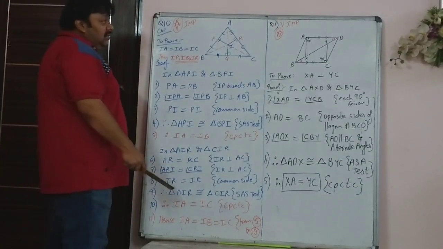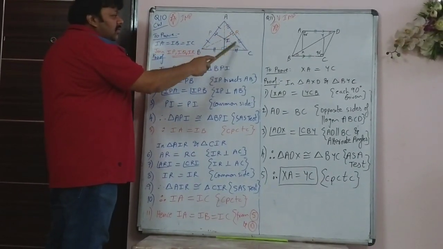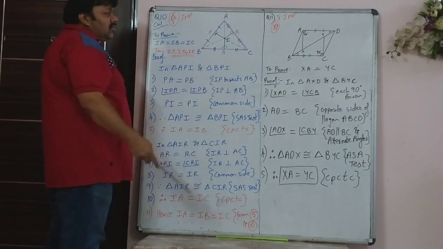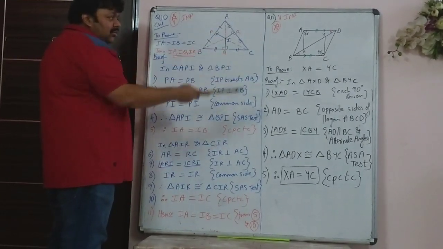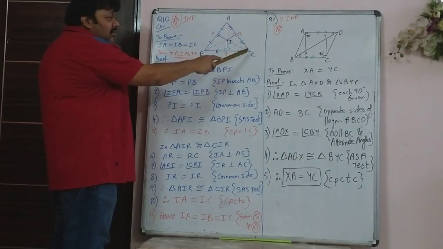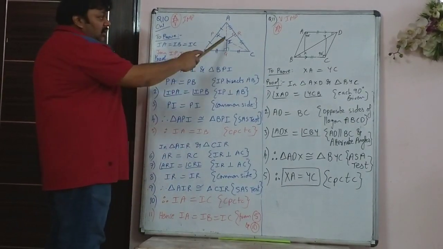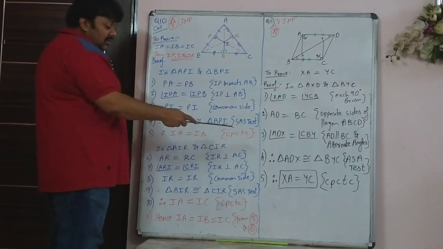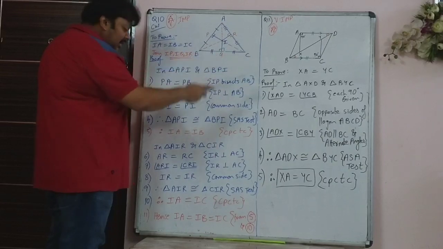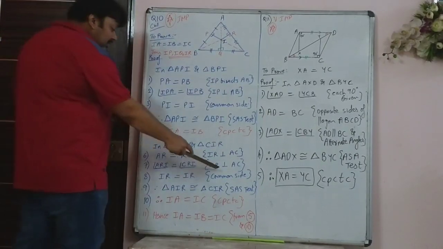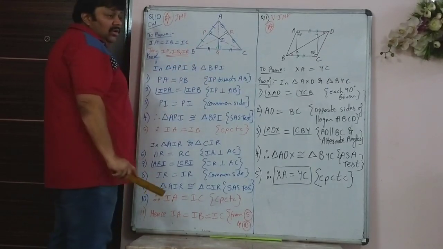Next, you can take these two triangles, and in those two triangles, you can say that again the same thing, SAS. AR is equal to RC, these two angles are 90 degree, and the reasons have to be written everywhere. Where I have written ARI is equal to CRI, I have written IR perpendicular to AC, given.